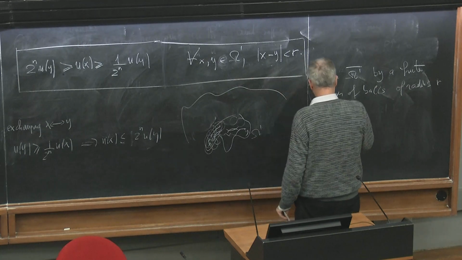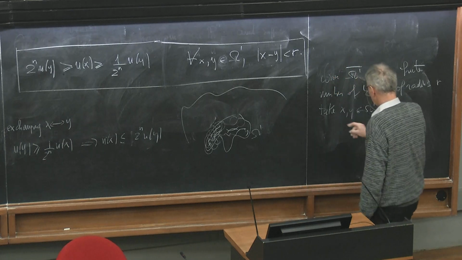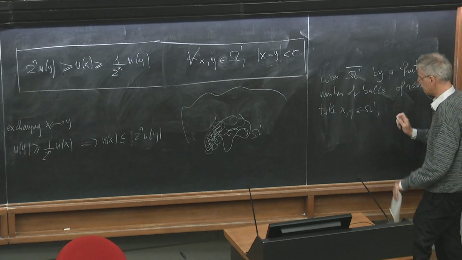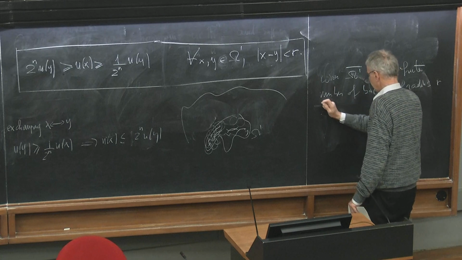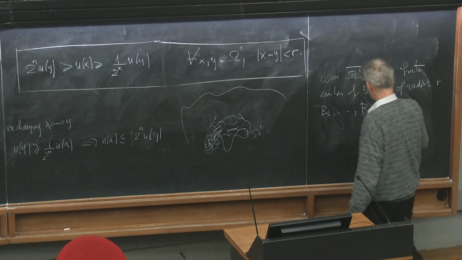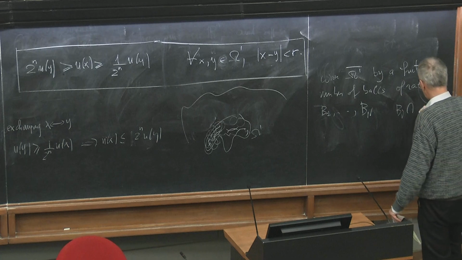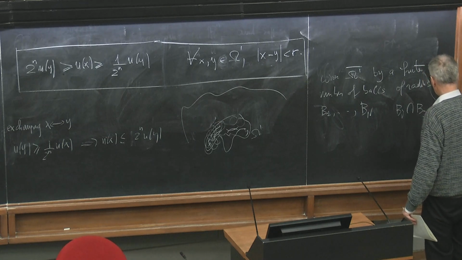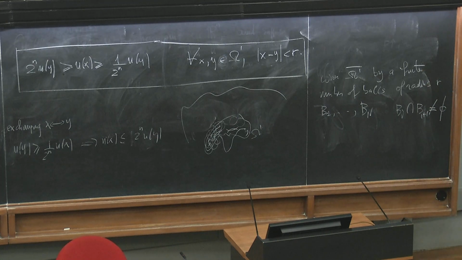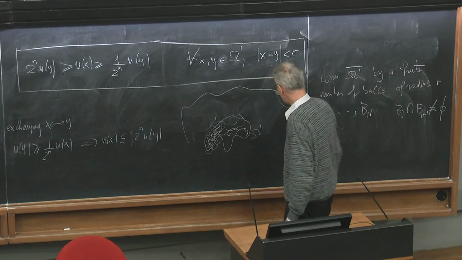Let us call them B1, ..., BN, and we can assume that they are ordered in such a way that Bi intersection Bi+1 is non-empty for any i. So the first intersects the second, etc.